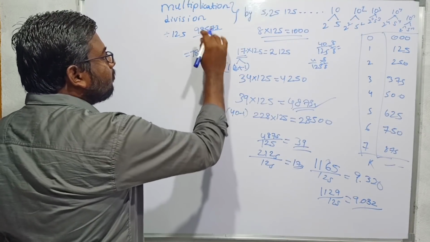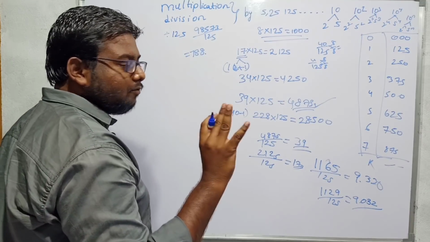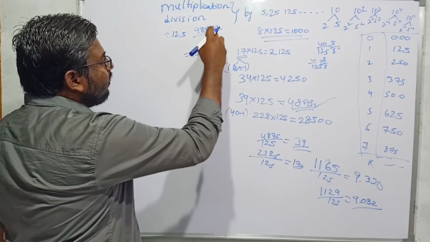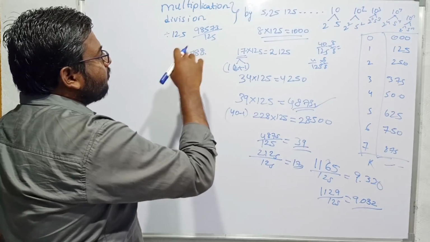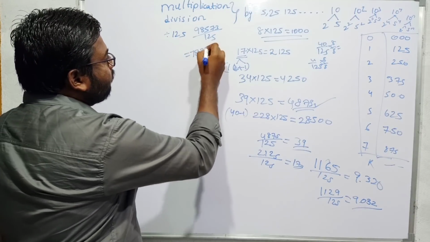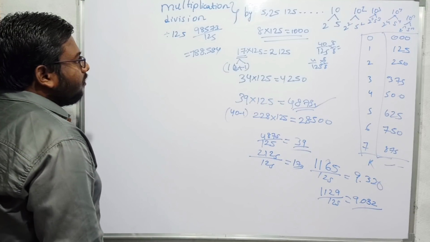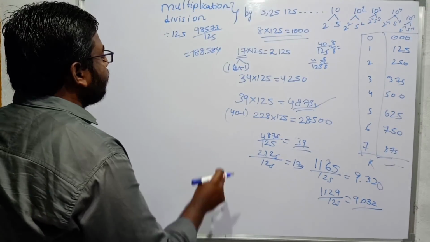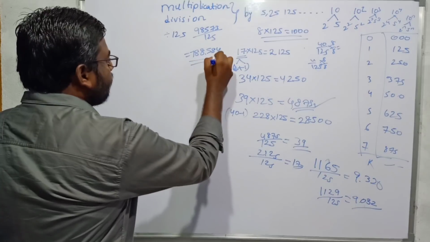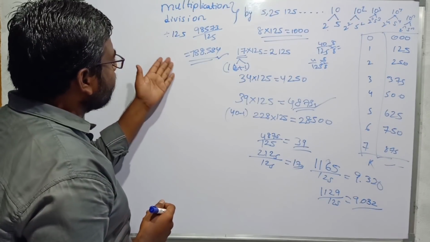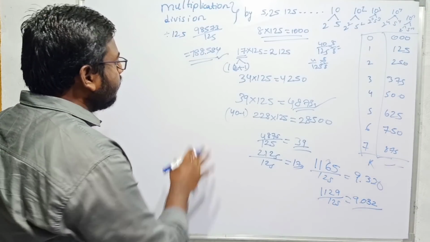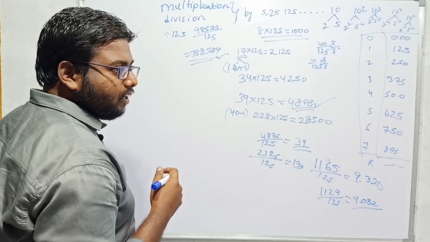Now, why I wrote 4 means this is 500 now, there will be 4 125s. 788.73 into 8 now, 8 7s are 56 plus 2, 584. So this is the result of this. If I solve more problems, the process will be the same, the process won't be different.